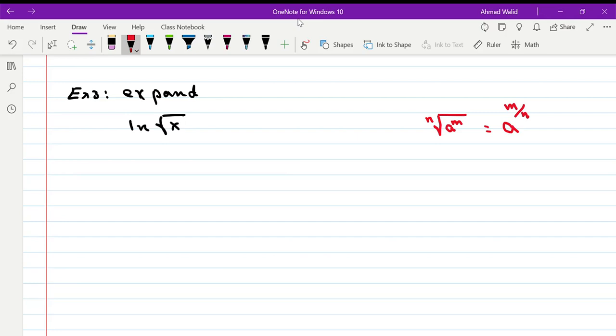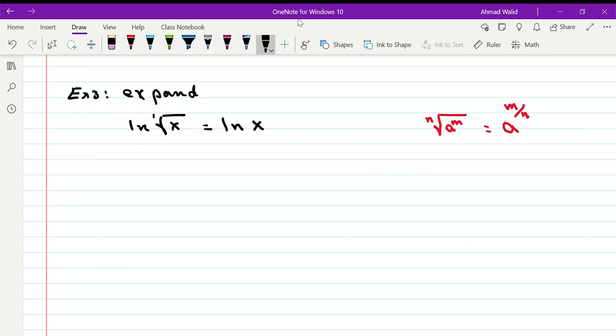Then here, what I do, I'll change the square root of x to exponential form. That's my first step. I'll rewrite my problem as ln of x.